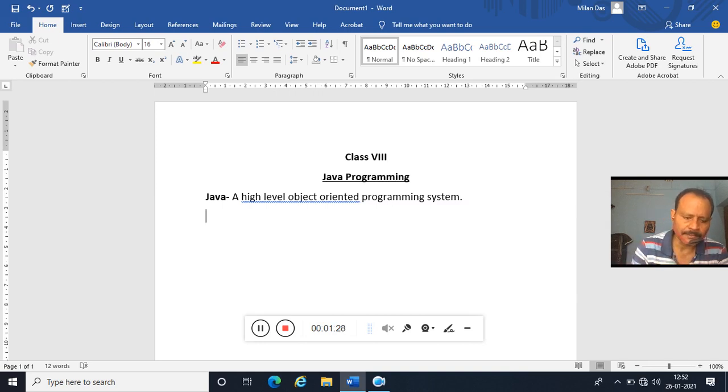Those programming systems were termed as procedural programming. Now, what is procedural programming? In procedural programming, what happens?